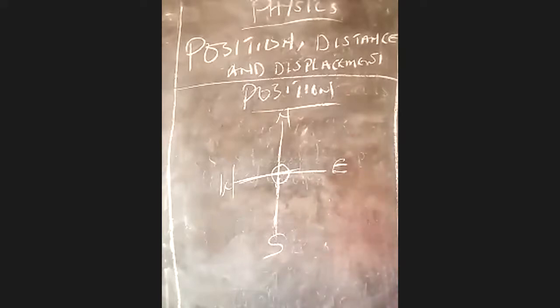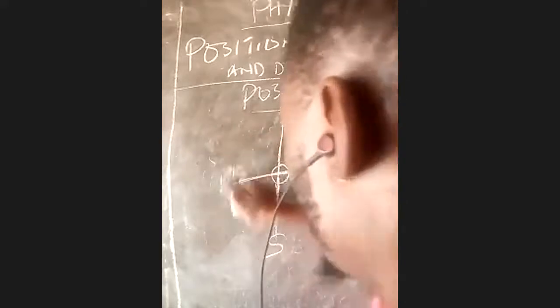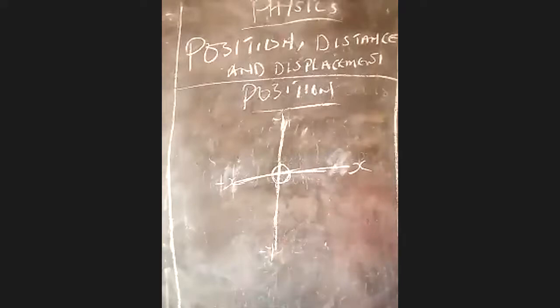Let me use this as a typical example: 1 vertical line and 1 horizontal line intersecting at point 0. Let's call this line Y, down will be minus Y. This one S, the other side minus S.